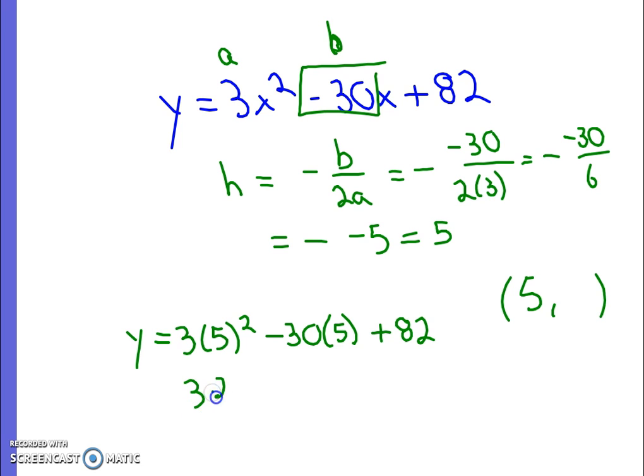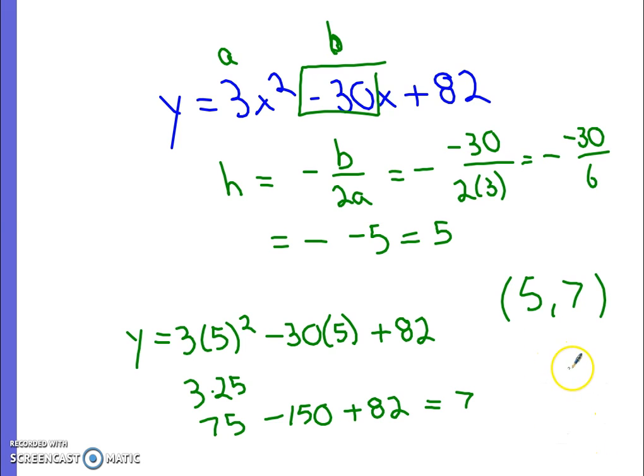This will be 3 times 25, or 75. This will be minus 150 plus 82. So 75 minus 150 is negative 75. Negative 75 plus 82 is 7. So we've now found out that the vertex is at 5, 7.